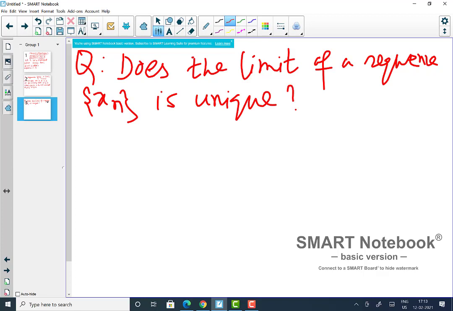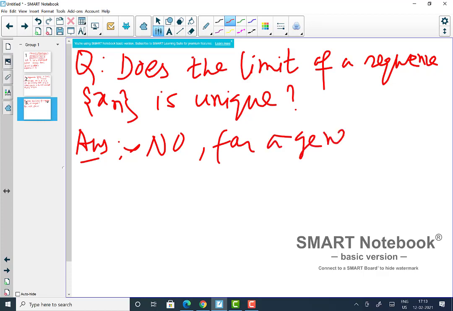A simple question one can ask. You know that the answer for real numbers is yes, but unfortunately this is not true in a general topological space. So the answer is no for a general topological space. It will obviously be yes for some topological spaces, not for all.